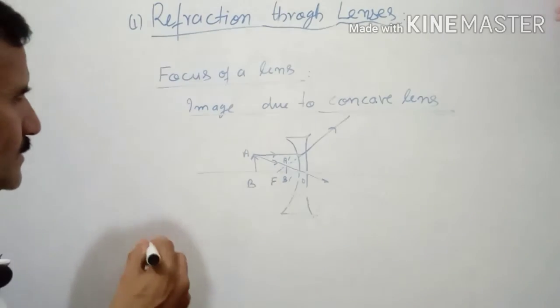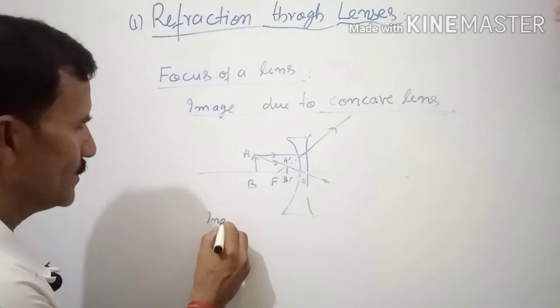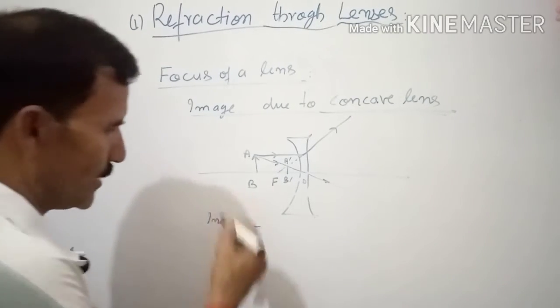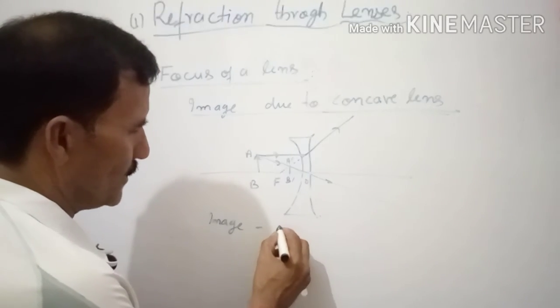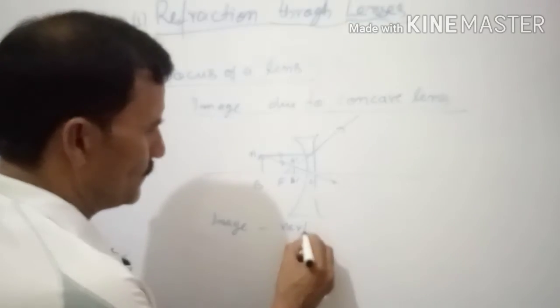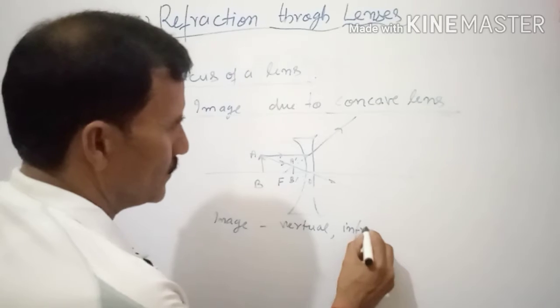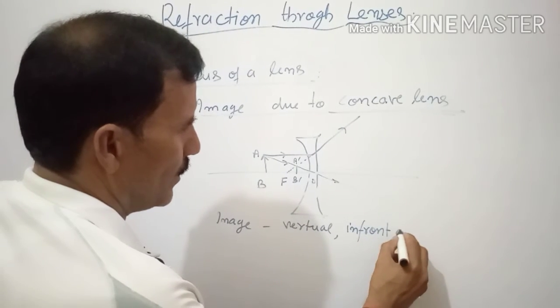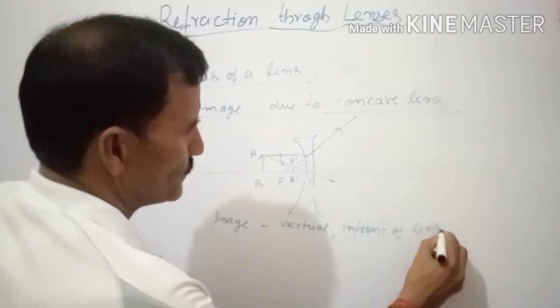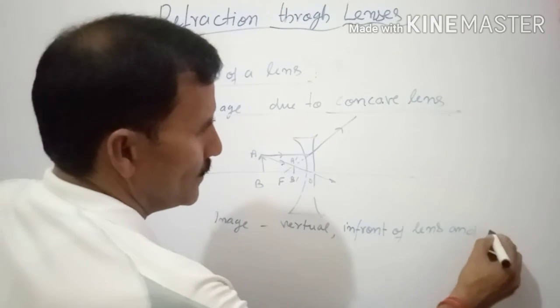So what is the quality of the image? It is virtual, in front of the lens, and erect.